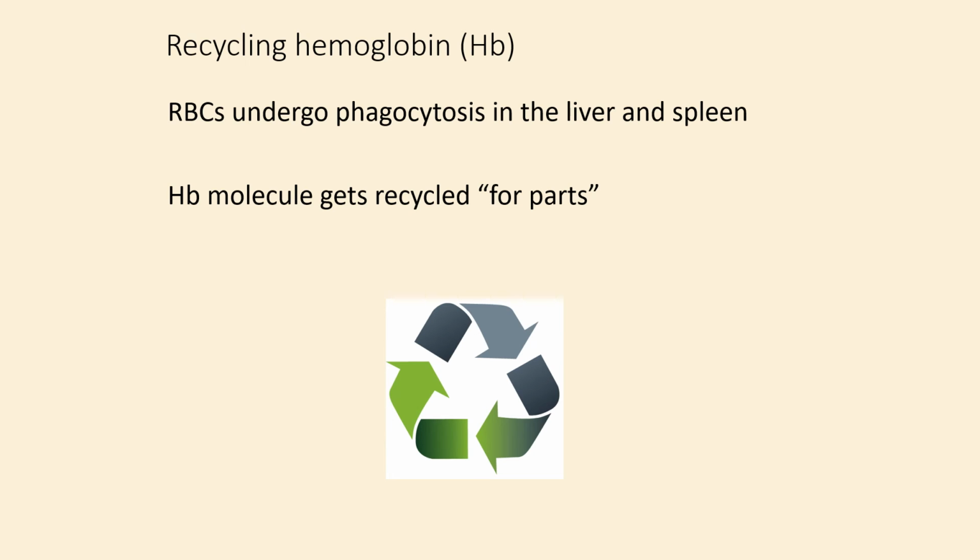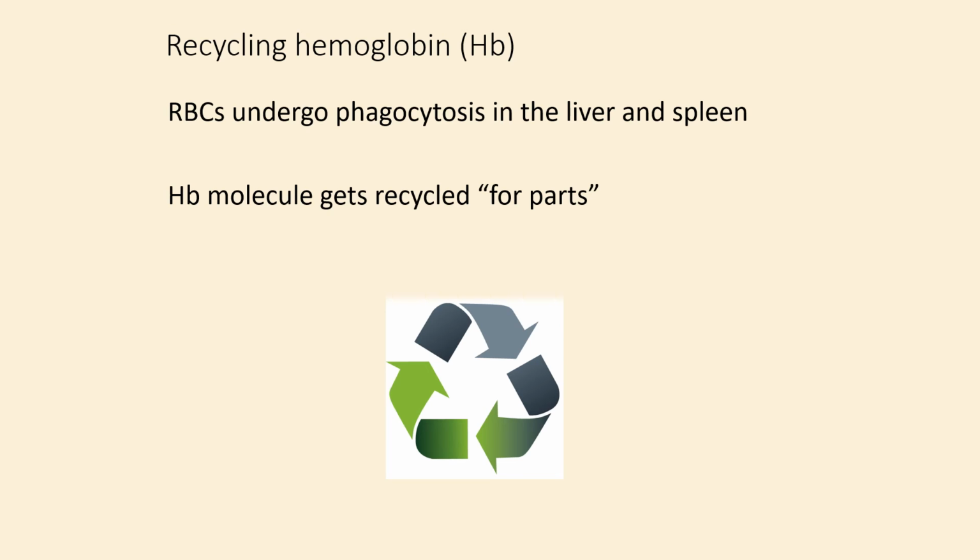So when old, worn out red blood cells are phagocytized, when they're engulfed by a macrophage, that cell is broken down, specifically the hemoglobin is broken down and recycled for parts.